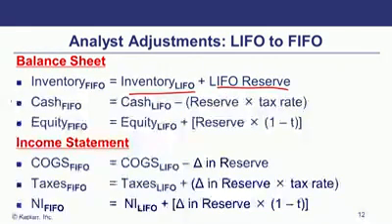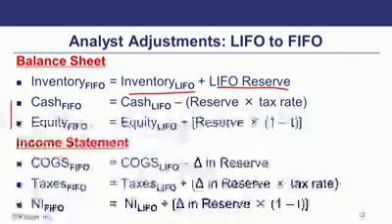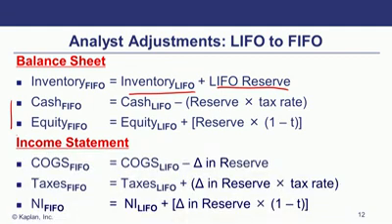So there are some more adjustments. And in fact, we're going to have to make adjustments to cash and equity. What we're going to do is adjust our cash balances down. The argument that we're going to put forward here is that if we switch to FIFO, in the income statement, and again we're assuming an inflationary world here, our profits would be higher, and if our profits were higher we would pay more tax and we'd have less cash.